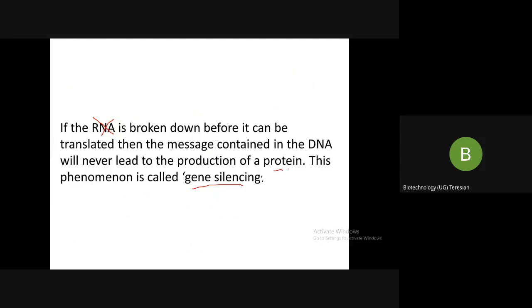Protein cannot be formed because there is no messenger RNA to send a message of what type of protein should be produced. So there will be no virulence. So this process is called gene silencing. So these three methods were used to bring about the resistant variety of papaya against the papaya ring spot virus.